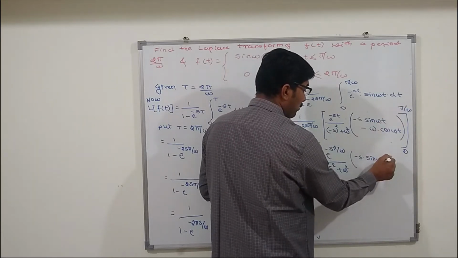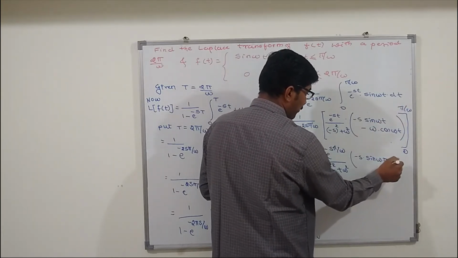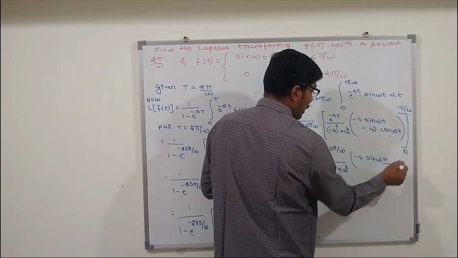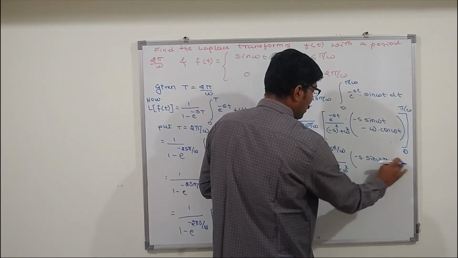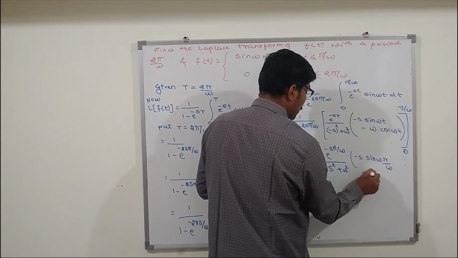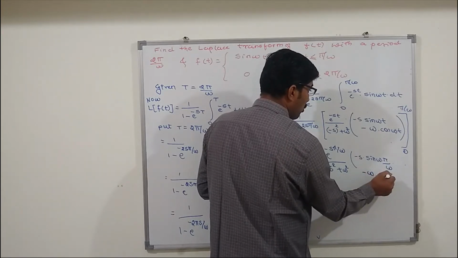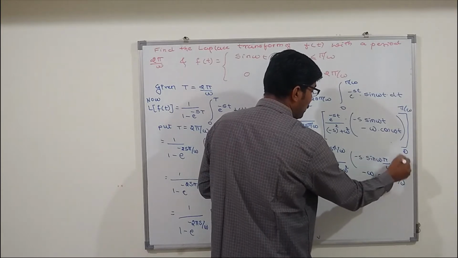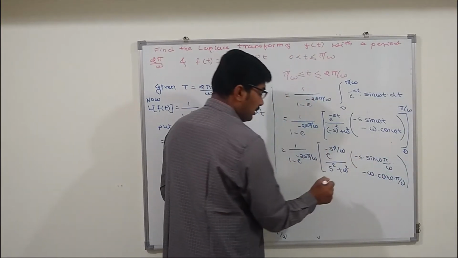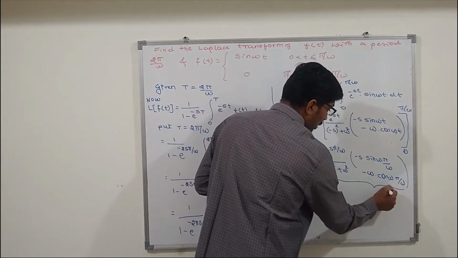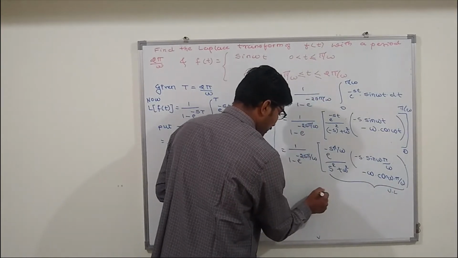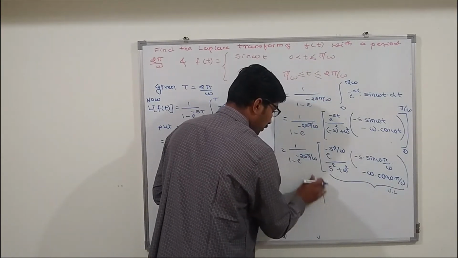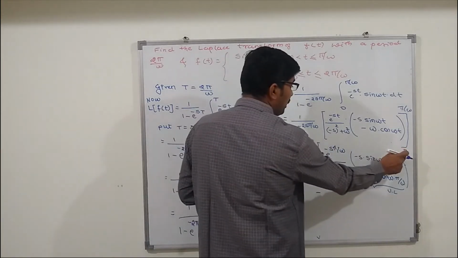T value is upper limit, that is pi by omega, minus omega into cos omega into t value, pi by omega. This value is the upper limit. Minus the lower limit. What is the lower limit? Put t equal to 0.